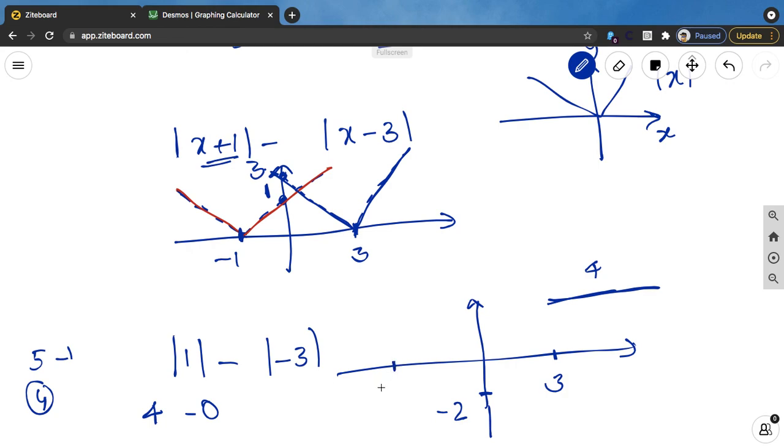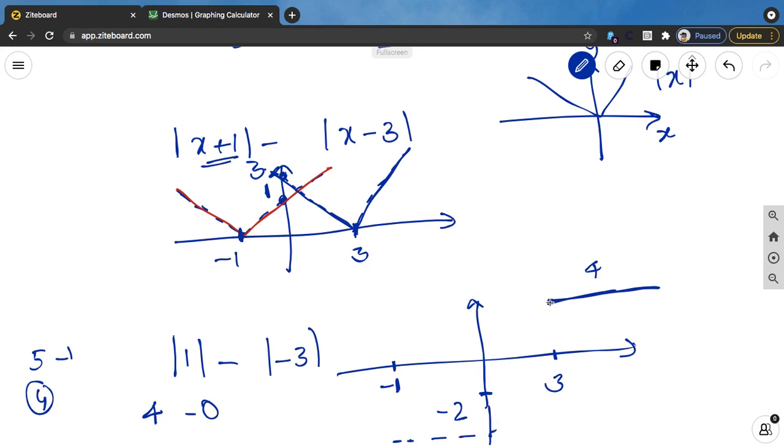Similarly, let's look at minus 1. What happens when x is minus 1? When x is minus 1, y is minus 3, sorry. Take any other value on the left of minus 1, you will see that the value continues to be minus 3.